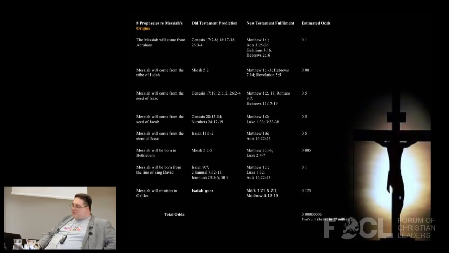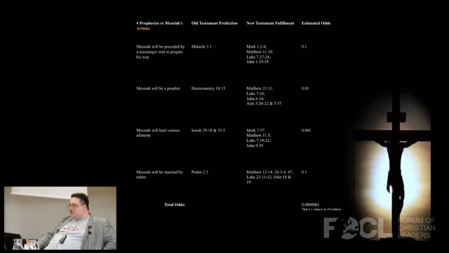Or if you look at 4 prophecies about the Messiah's predicted actions from the Old Testament. This includes, and we may have time to look at this later, the Messiah himself being a prophet, being at least believed by his contemporaries to heal various ailments. Now, that's a little bit tricky, because if you say Jesus fulfilled these prophecies about healing people, then that itself raises, with double strength, the issue of whether miracles can happen.